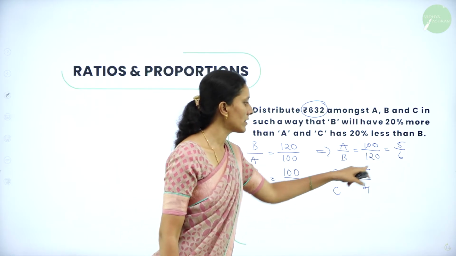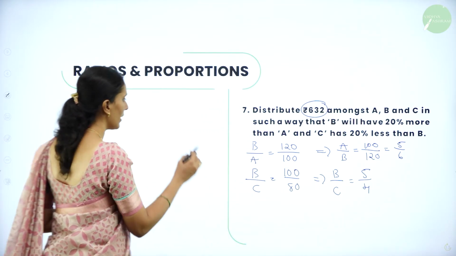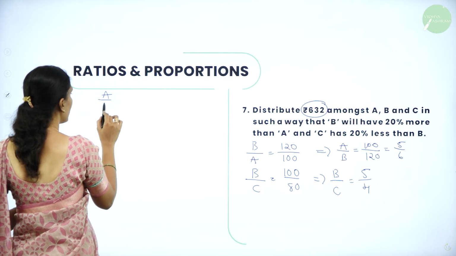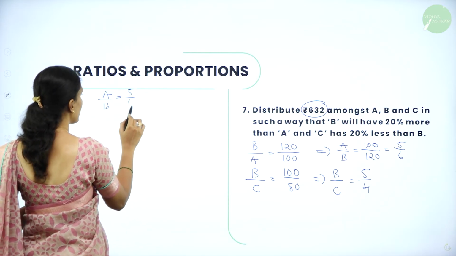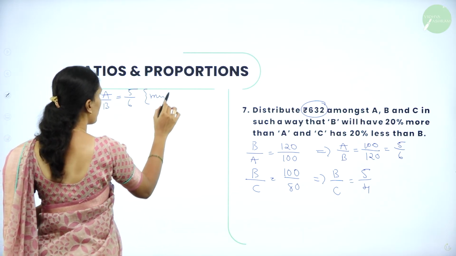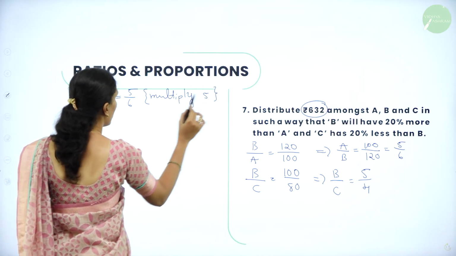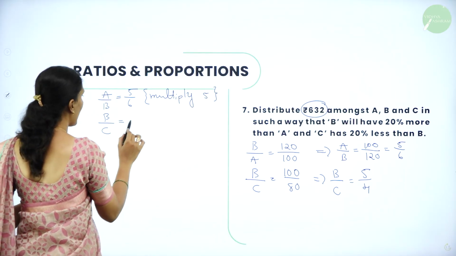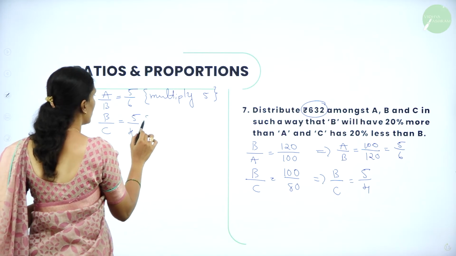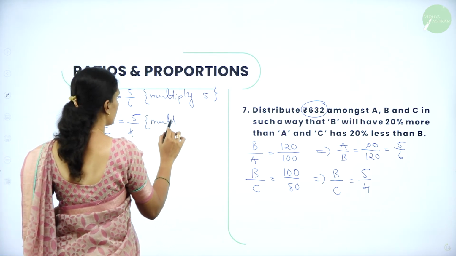So B is not same. So therefore we have to take A by B is equal to 5 by 6. What I'll do here, I'll multiply 5. And for B by C, I have 5 by 4. Here I'll multiply 6. So what happens?